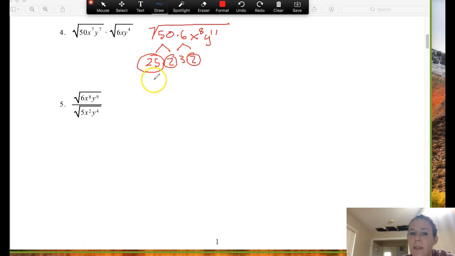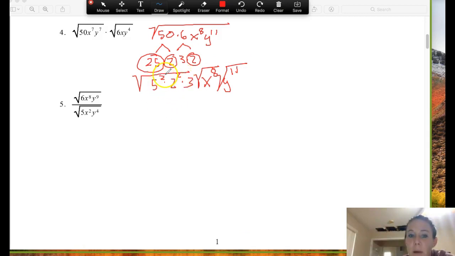So let's rewrite this as 5 squared for 25 times 2 squared times 3. There is our constant. Let's look at our variables. I have x to the 8th, then I have y to the 11th. So let's go ahead and break this into the square root of this times the square root of this times the square root of this. And we'll deal with each one individually.